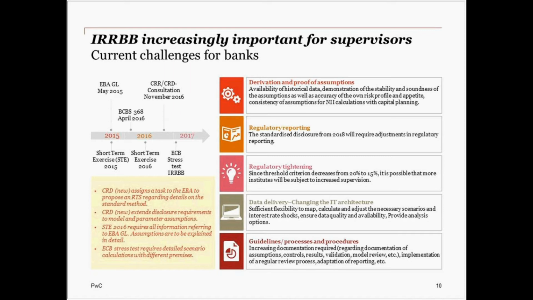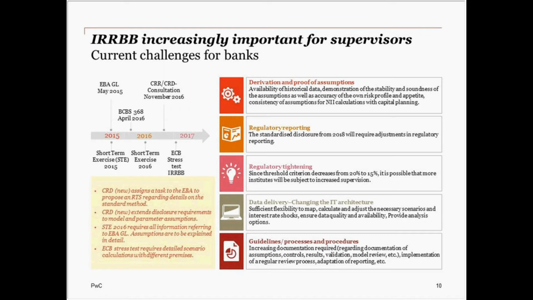First of all, they give a number of parameters and assumptions on how interest rate risk should be calculated, should be estimated. Also in the Basel paper you find some reporting templates regarding the regulatory reporting, both for qualitative and for quantitative information.